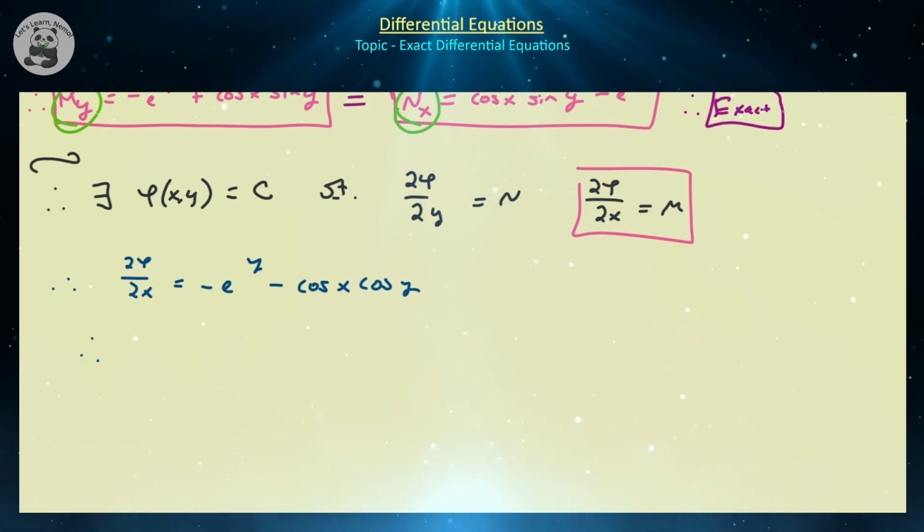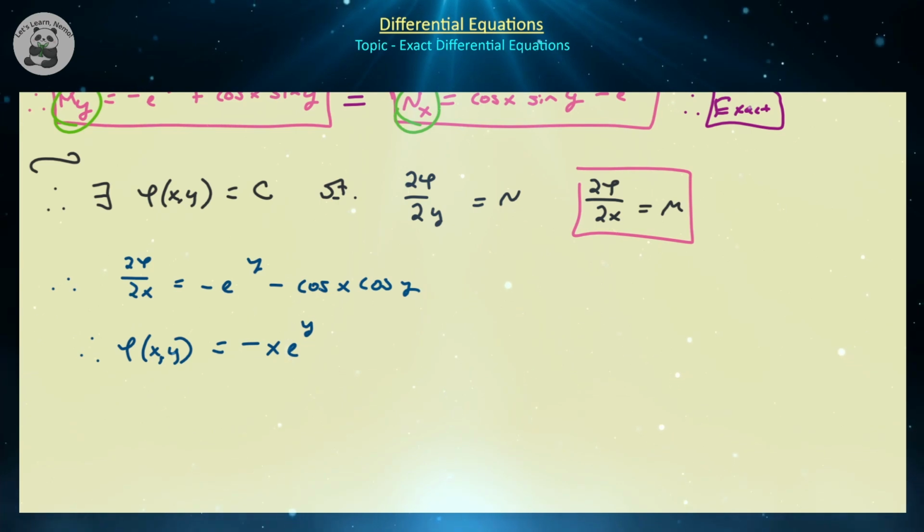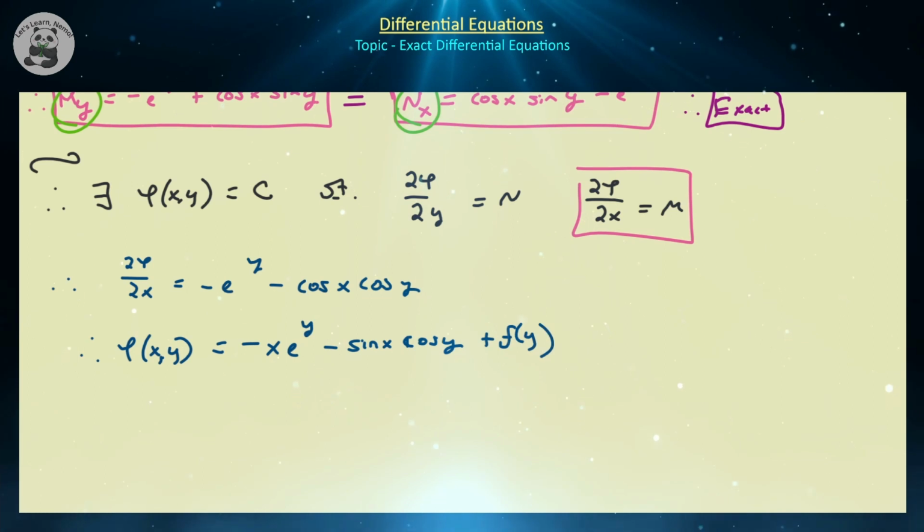And then I'm going to integrate with respect to x. So phi will be equal to minus x e to the y. The integral of cosine is sine, so we're going to have minus sine of x times cosine of y, and if we take the partial derivative with respect to x of a function of y only, it will disappear, so we have to include that there.